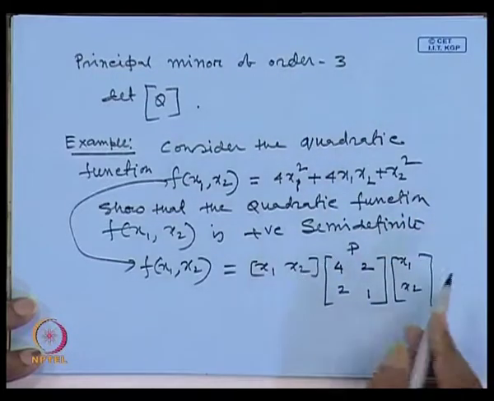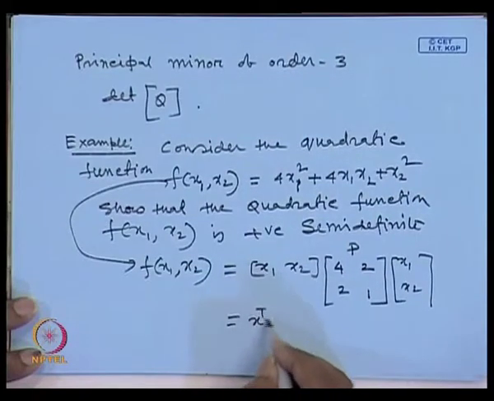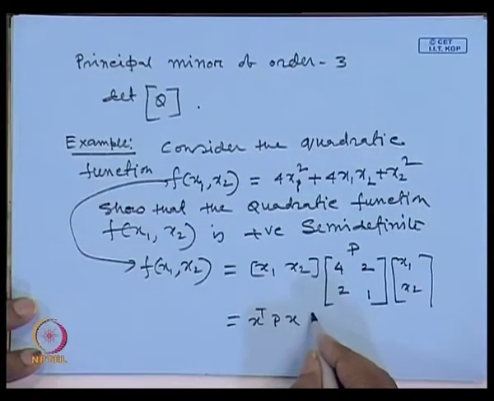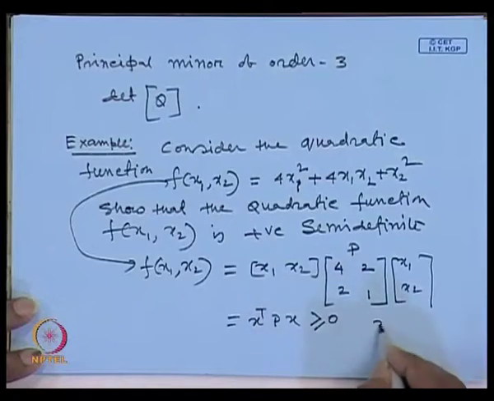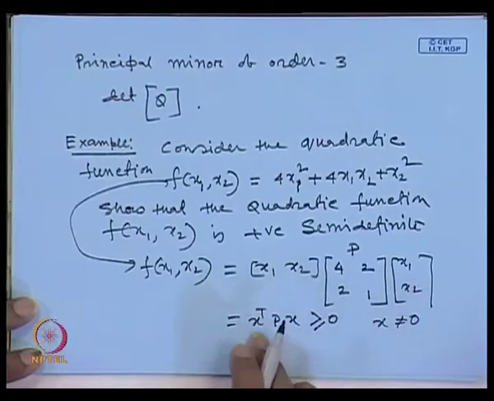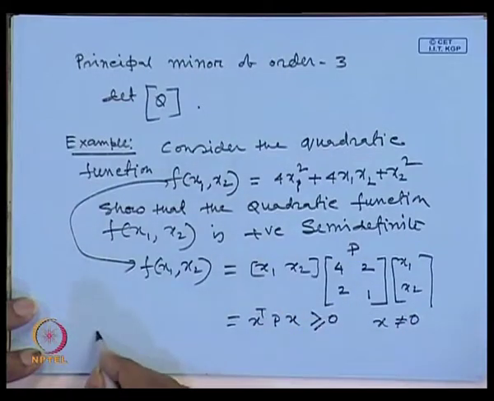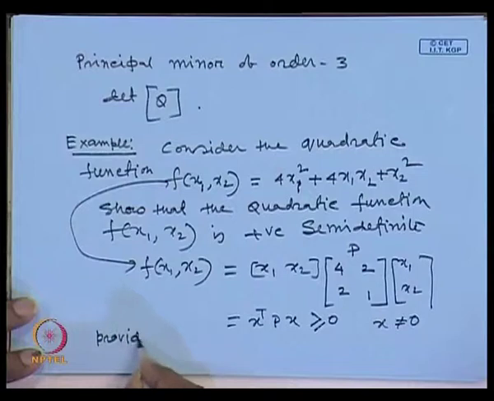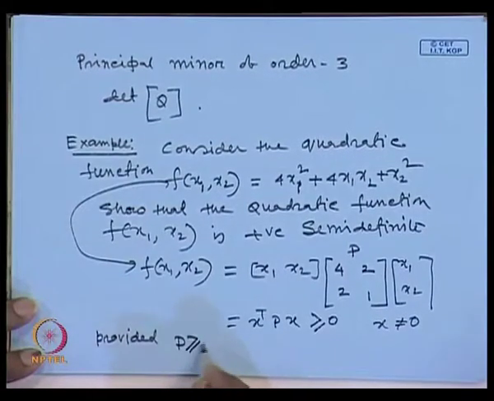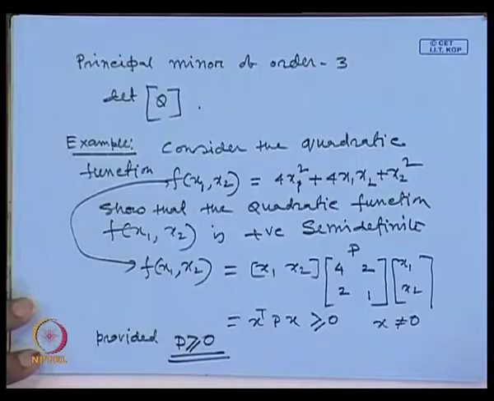In other words, x transpose P x is greater than 0 when x is not equal to null, provided P is a positive semi definite matrix. So, we use the Sylvester criteria for P. P is a symmetric matrix, and P is like this.